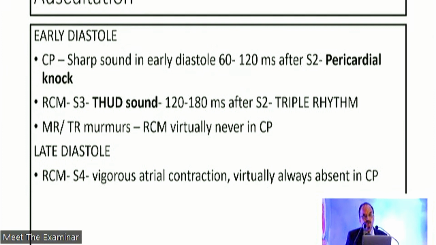And it is also good to remember that if you hear an S4, then it is virtually going to rule out constrictive pericarditis. If S4 is present, it is restrictive cardiomyopathy. It is virtually never there in constrictive pericarditis.